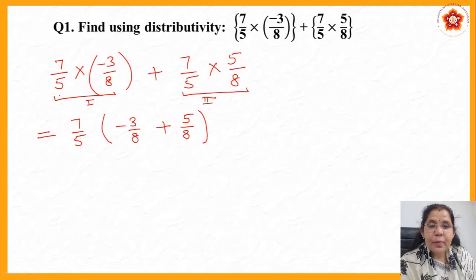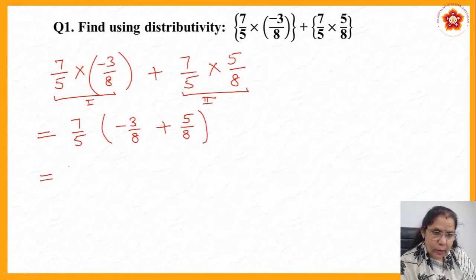In first term, if you remove 7 upon 5, we have removed it because it has come outside the bracket. So now you have to see what is left behind. It is minus 3 upon 8 is left behind. Same way in the second term, hide 7 upon 5. Why do we hide it? Because it has already been taken out of the bracket. And what is left behind? It is 5 upon 8.